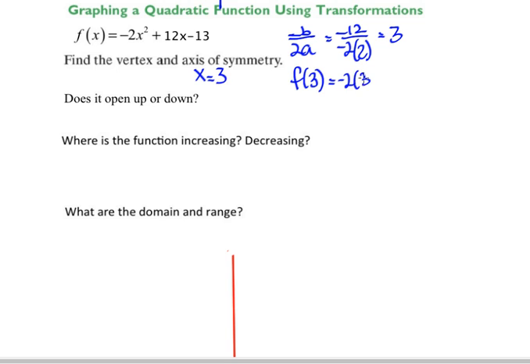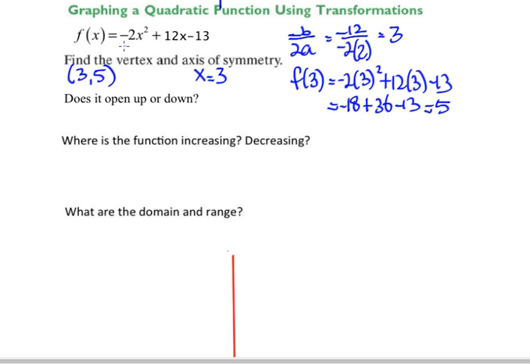So -2 times 3 squared, plus 12 times 3 minus 13. So that is 9, that's -18, plus 36 minus 13. So that's negative, what's that, 21, 31 plus 36, so that is 5. So the vertex occurs at (3, 5).